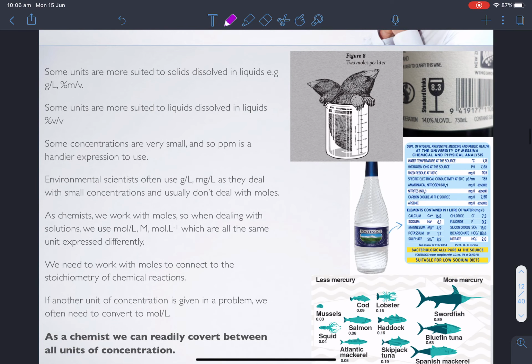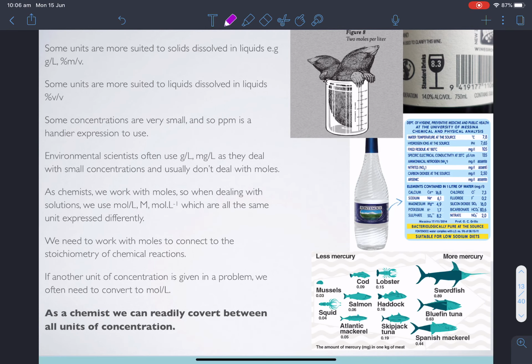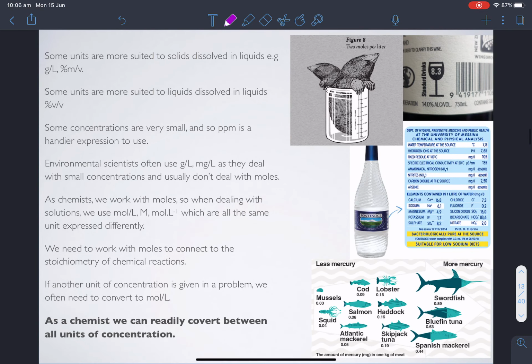Okay, let me talk about where we see these units. So some of these units are more suited to solids dissolved in liquids, like grams per litre and mass to volume. So it's talking about a certain amount of grams in a volume, okay? Some are more suited to liquids dissolved in liquids, so percentage volume to volume.